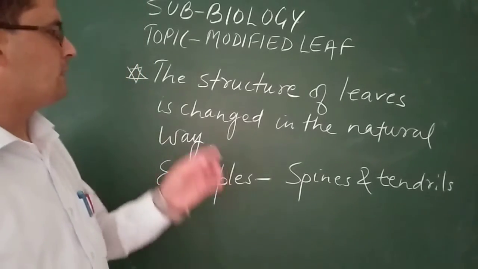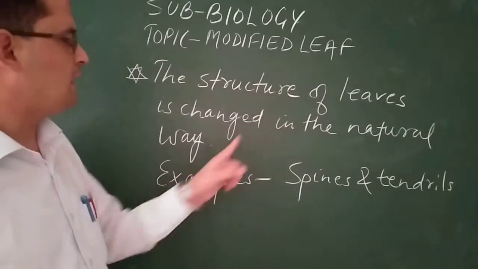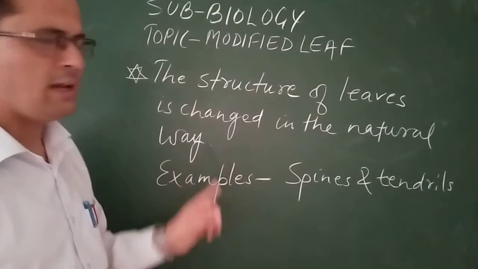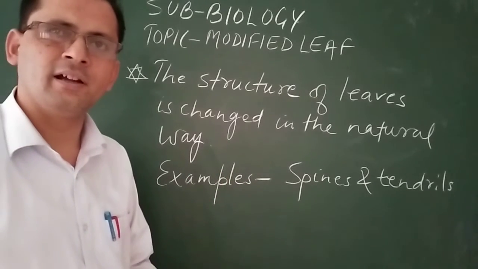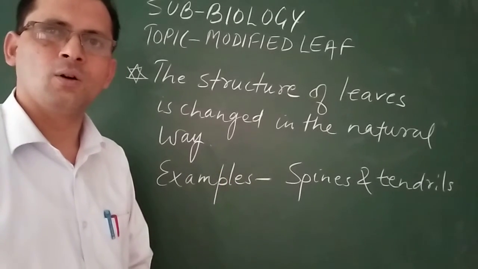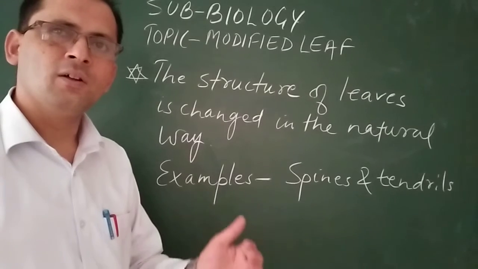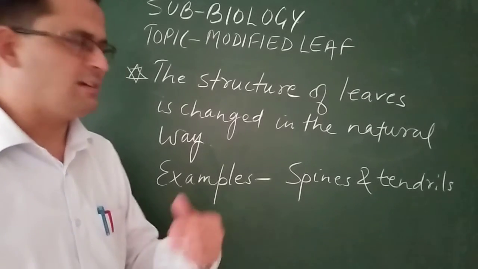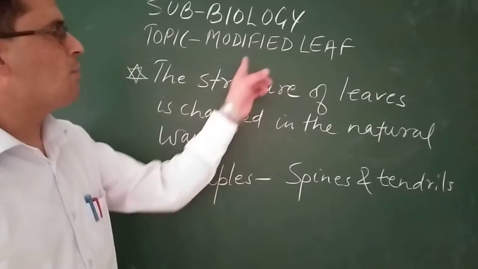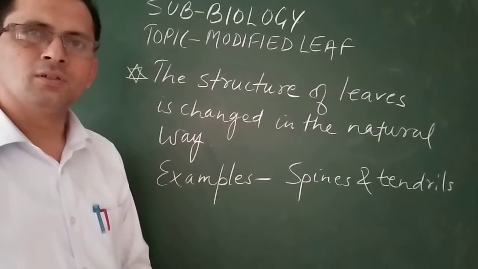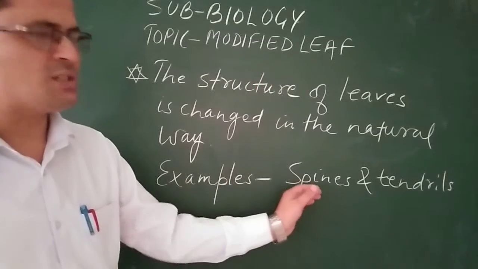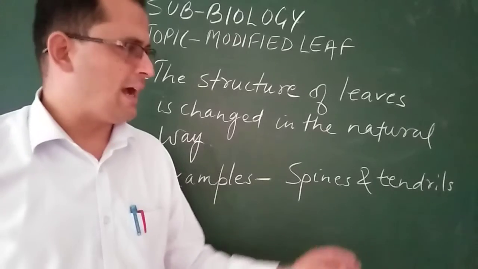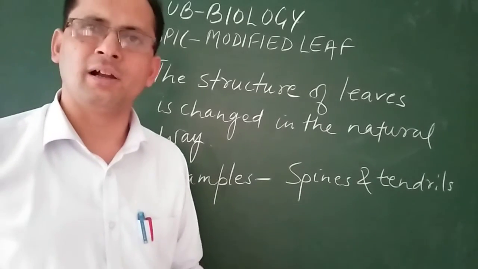So beta, you can see here the structure of leaves is changed in the natural way. We are not changing it, but nature is changing one form of leaf into some other modified form, and such leaves are known as modified leaf. For example, you can see the spines in cactus and tendrils in pea plant.